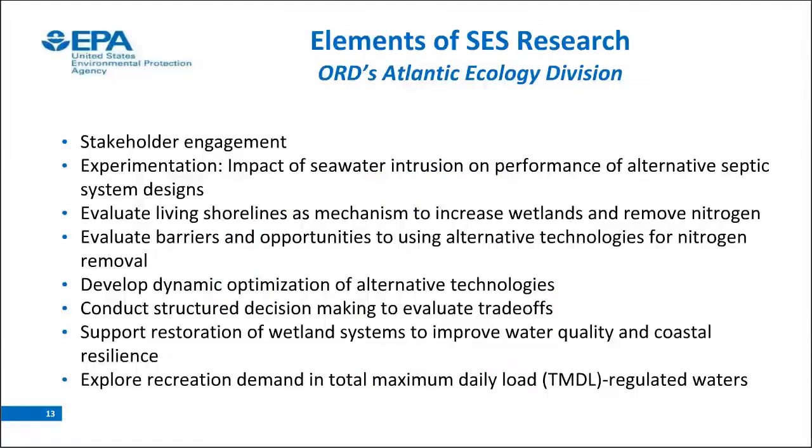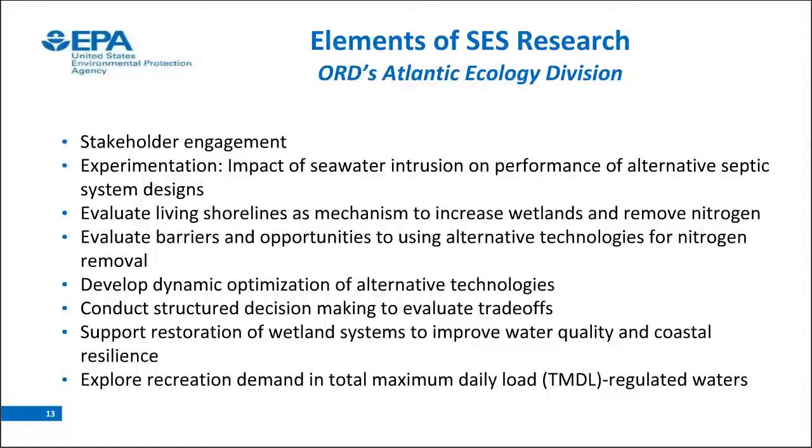Within that research program, there was a suite of research that was conducted. One key element was stakeholder engagement right from the beginning, but there was experimentation. We looked at the impact of seawater intrusion on some of these alternative septic systems. We looked at whether living shorelines could be used as a tool to increase wetlands and possibly remove nitrogen. We evaluated on a social science basis some of the barriers and opportunities to using alternative technologies for nitrogen removal.